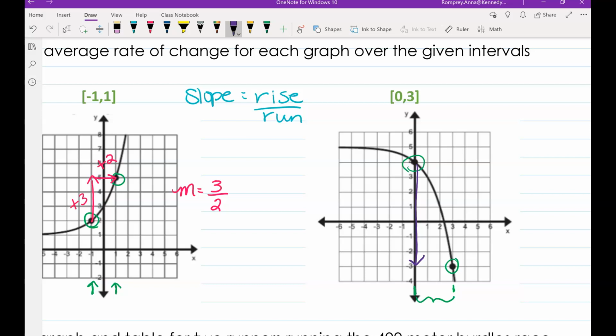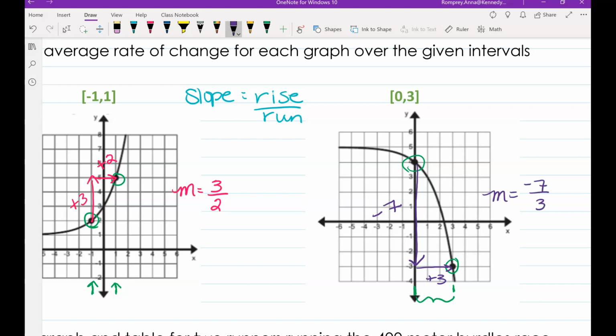Since I'm going down, that's directional, so I denote it with -7. Then we're going right, a positive direction: 1, 2, 3, so +3. Our slope, or average rate of change, for this one is -7 over 3.